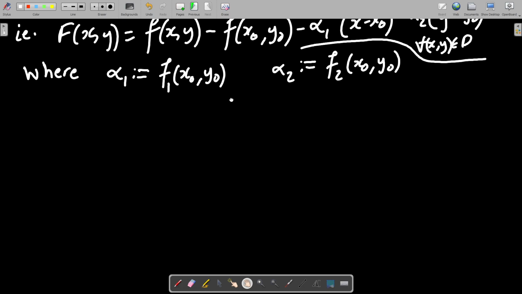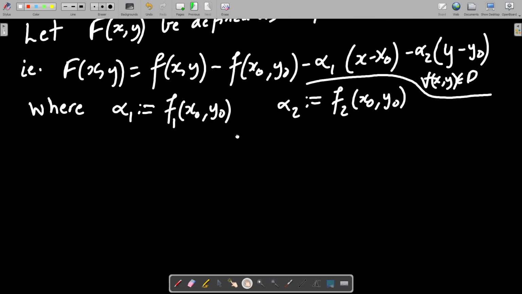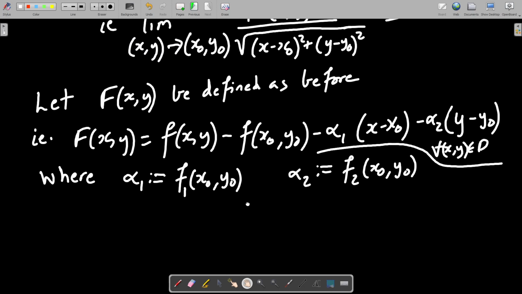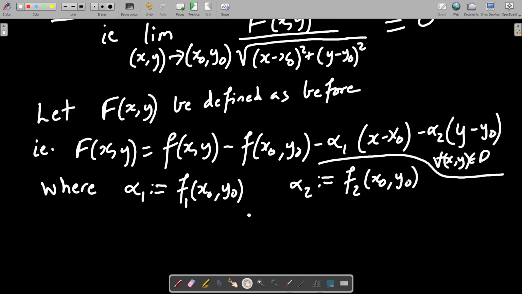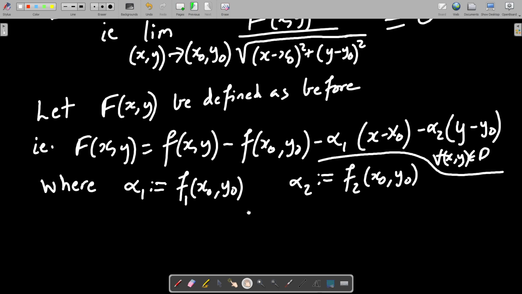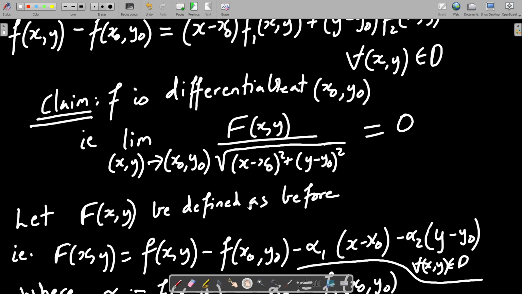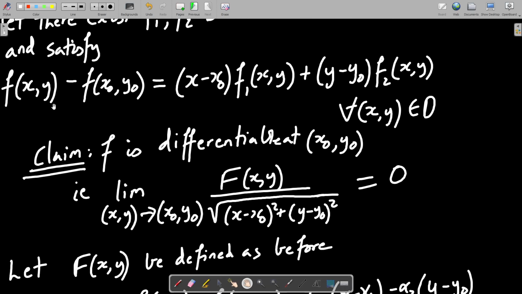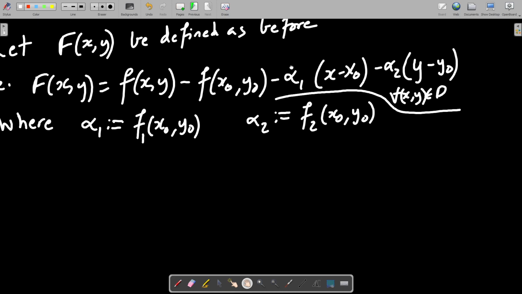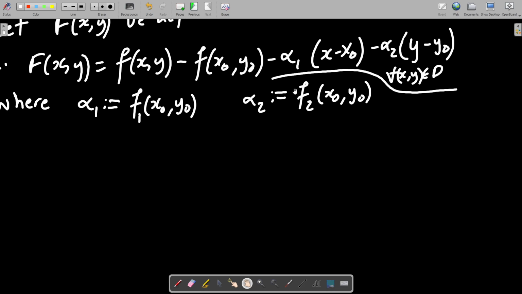So let me just simplify this expression now. We have assumed this statement, right? We have assumed that f(x,y) minus f(x0,y0) is equal to this, so I'll substitute over here. Here also I have this, right?